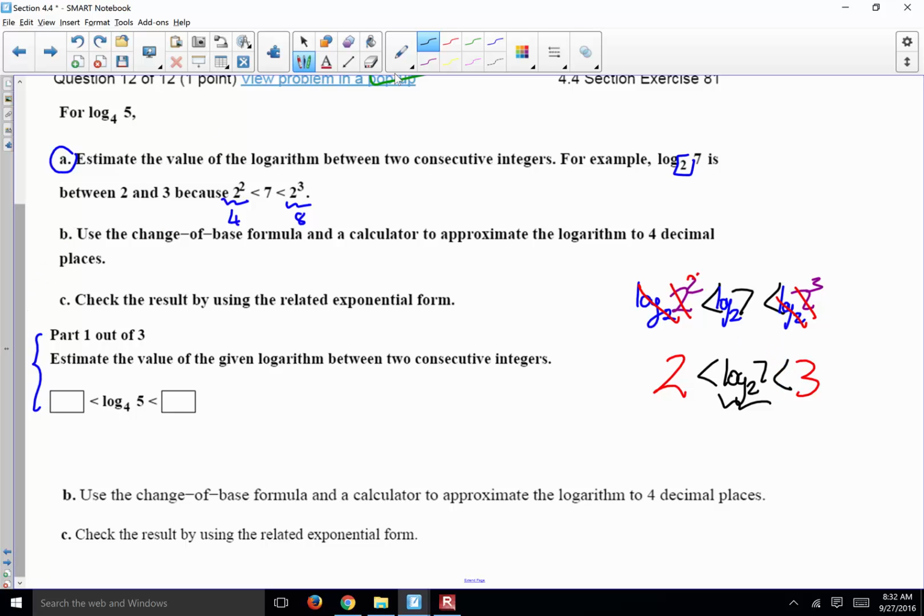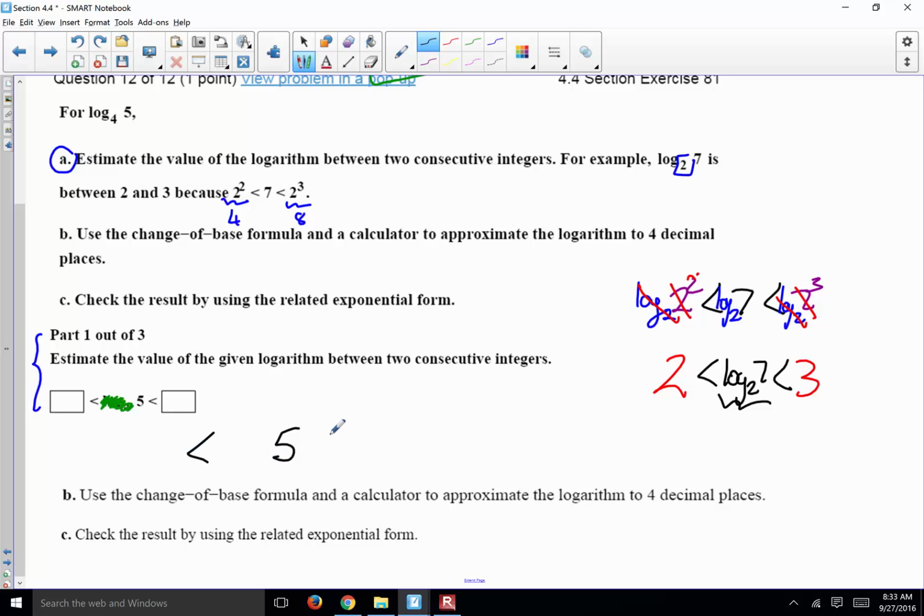In our question, however, you have logarithm base 4 of 5. So first, ignore log base 4, find two values 5 is in between, then we use logarithm.